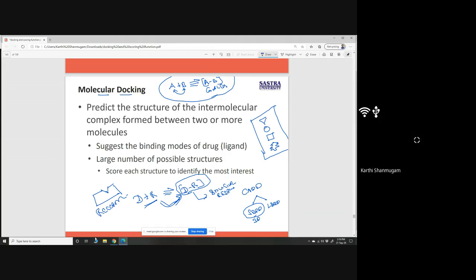If I go with the wet lab technique, I have to take all 4 molecules, and one by one I have to treat the receptor with them, and check the affinity of each ligand molecule, or the inhibition or activation of the receptor by the ligand molecules.